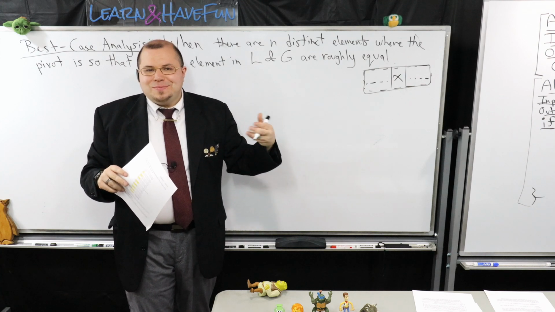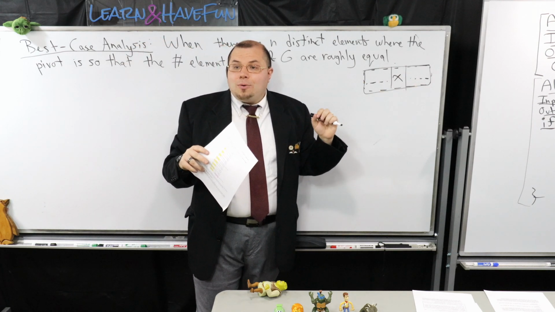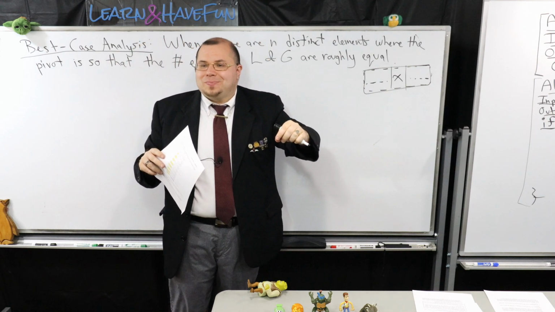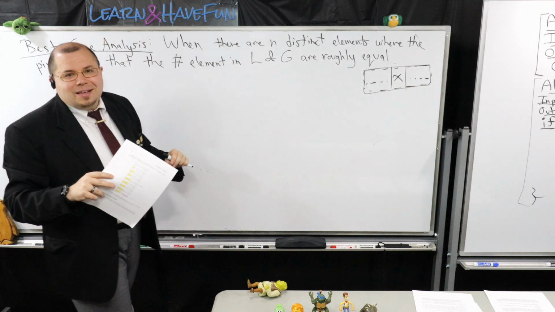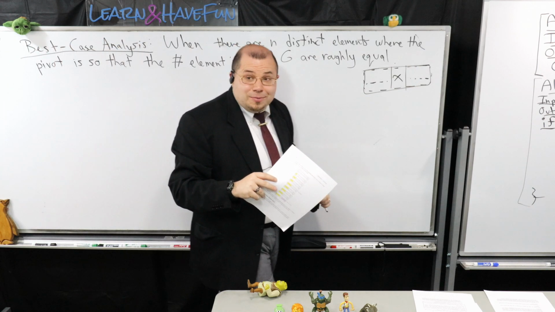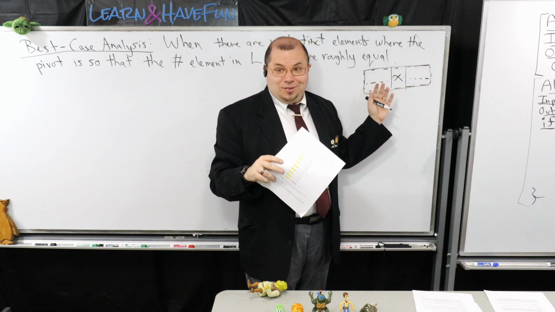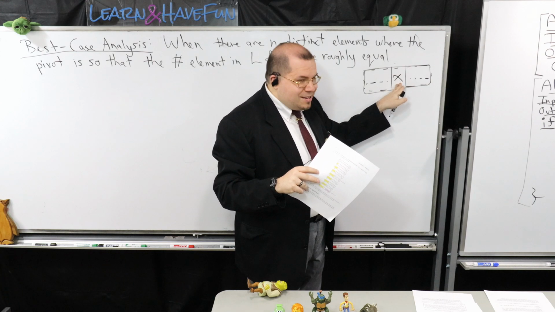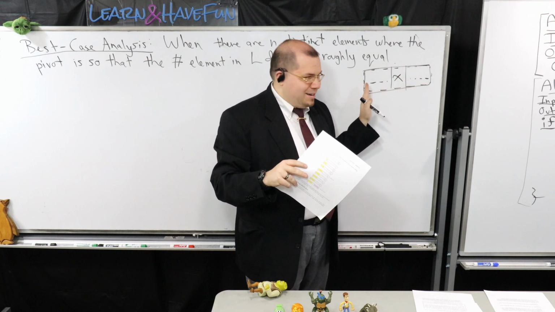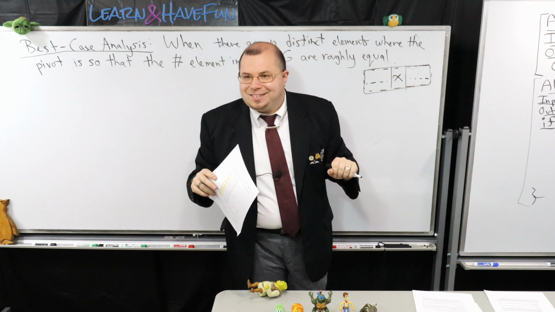Think in terms of a list of numbers, and I would like X to be somewhere about the middle. For those that have seen a little bit of statistics, you may have a good idea. Because remember, imagine this like it was going to be sorted. If X is in the middle, then I would sort L, and I sort G. So when this is done, X is going to be whatever would be in the middle of that sorted list.